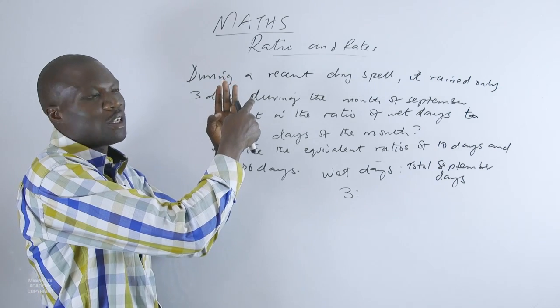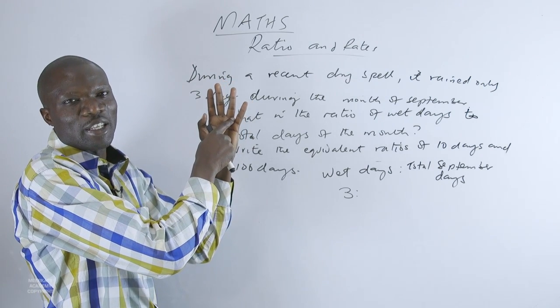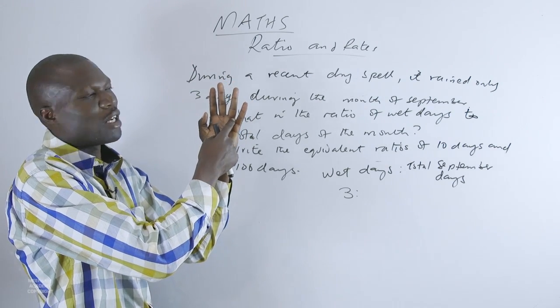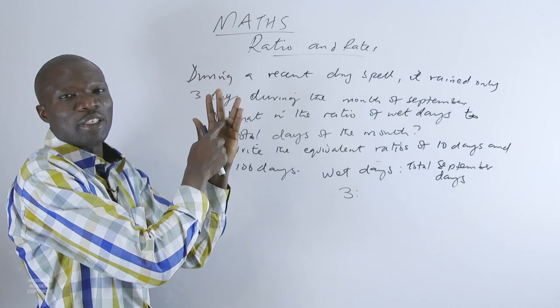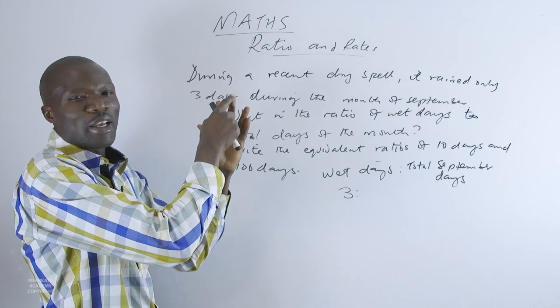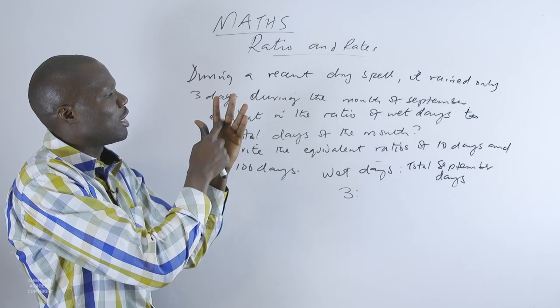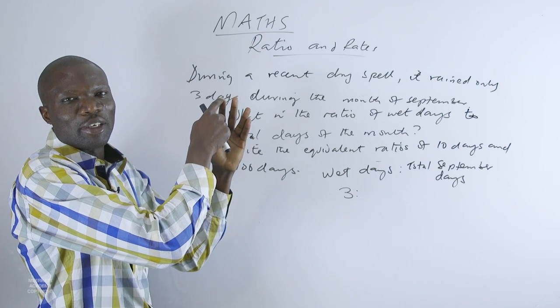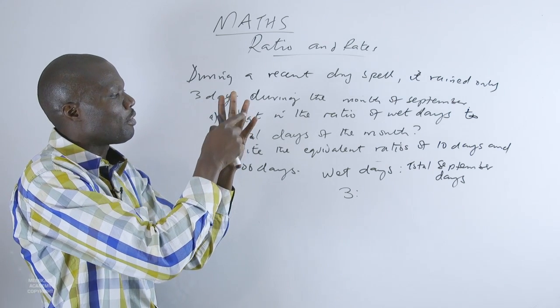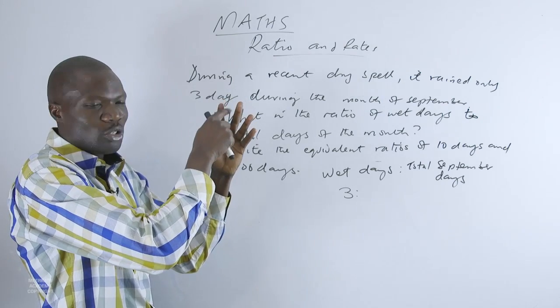So let us start. January 31. February means it's less than 31, so you say that this is 28 or 29. March is 31, April is 30, May is 31, June is 30, July is 31.